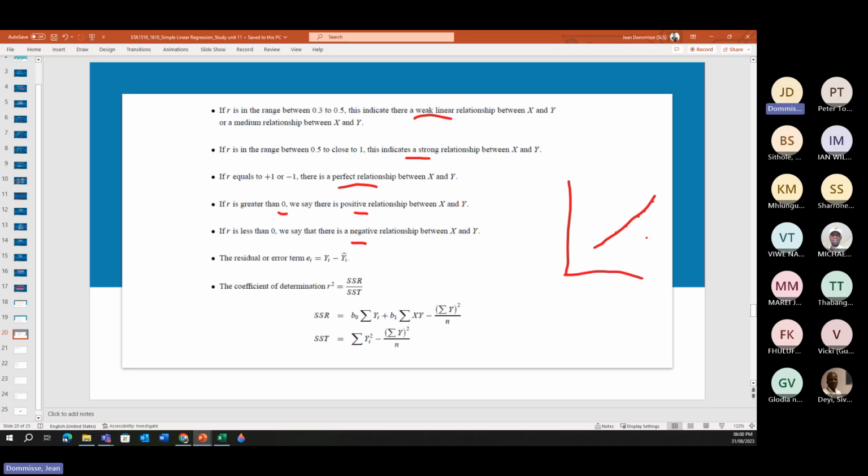I don't want to say never, but you seldom get a perfect relationship. So the chances that you will ever see something like that in any questions or industry is very slim.